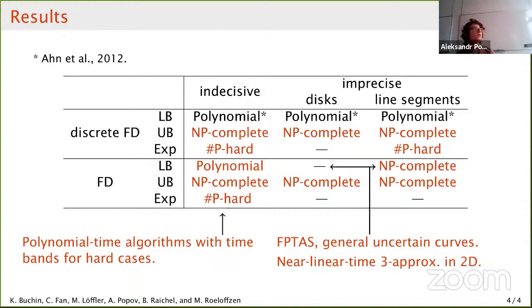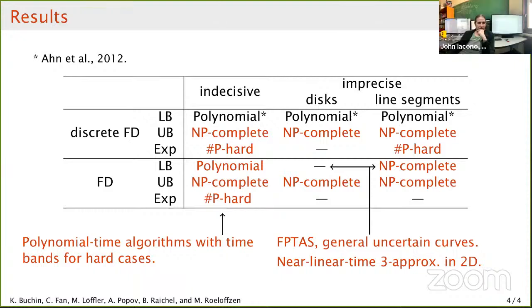We didn't look at that model, and I'm not really sure if there's any kind of straightforward extension in terms of the techniques that we used. That's something that would require a more careful look, I think.